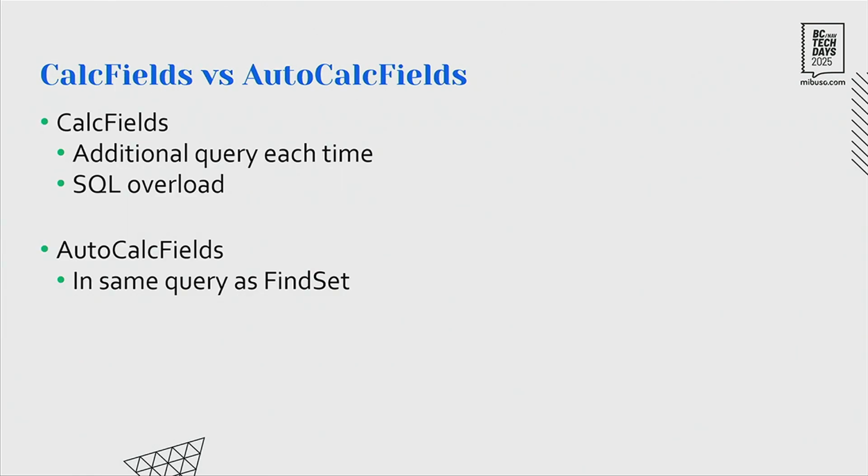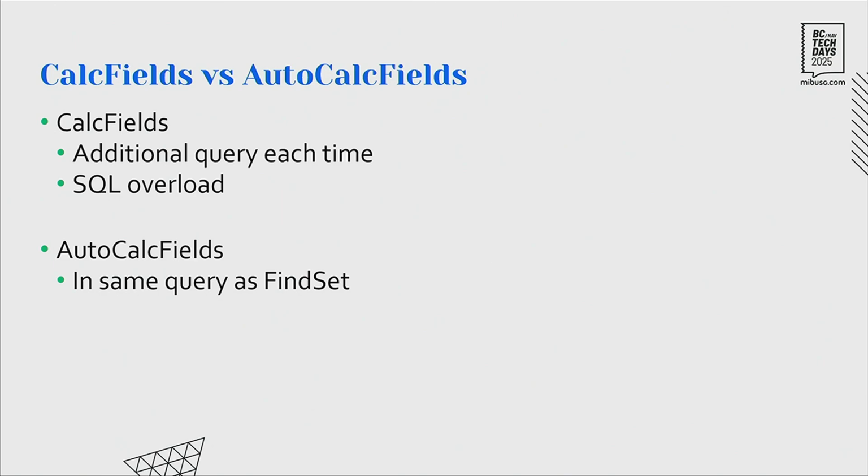Okay. So let's move to the next example regarding calcFields versus AutoCalcFields. What's the difference here? Again, the number of SQL queries and how much you overload the SQL server itself. With calcFields and looping through, each time you execute calcFields, you will be sending one additional query to SQL in order to calculate those fields, and it causes SQL overload.